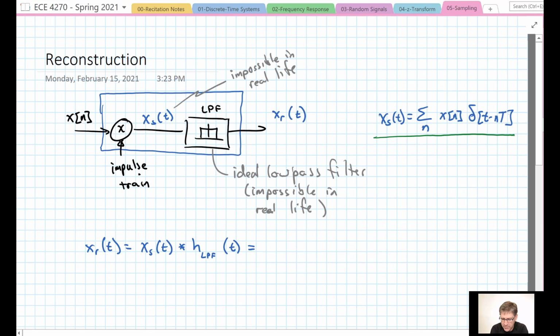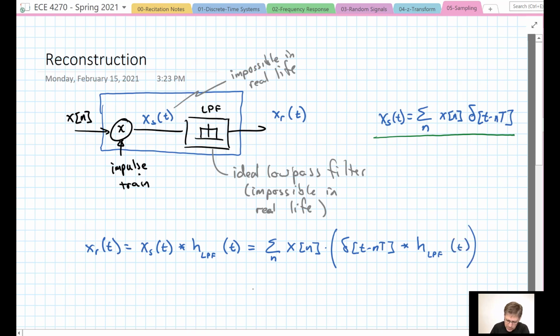And since convolution is a linear operation, this expression for xr turns out to be the sum over n of x of n times delta of t minus nT, convolved with h LPF of t.